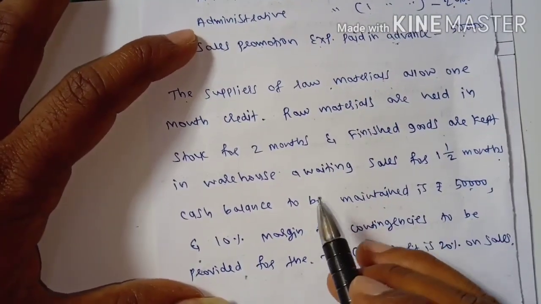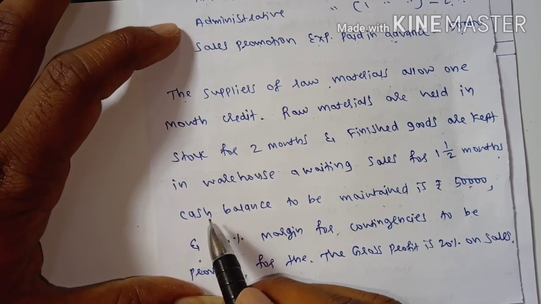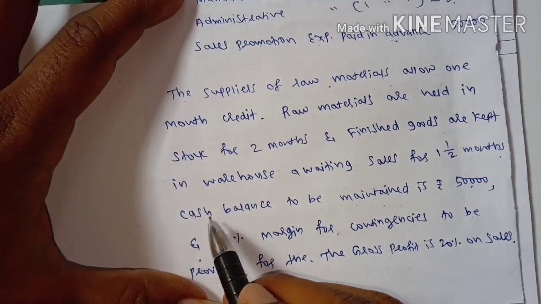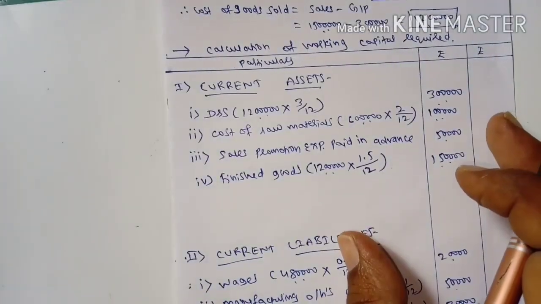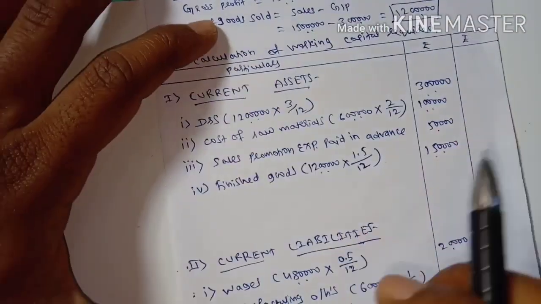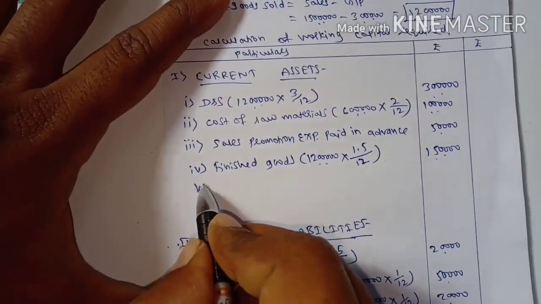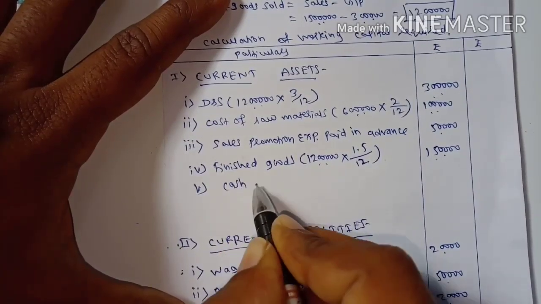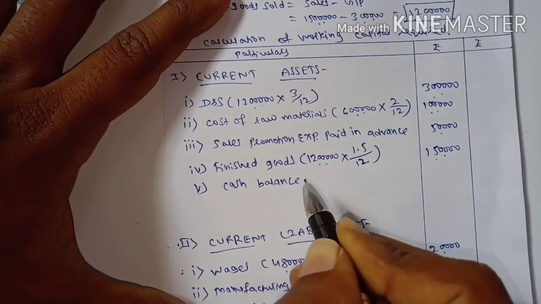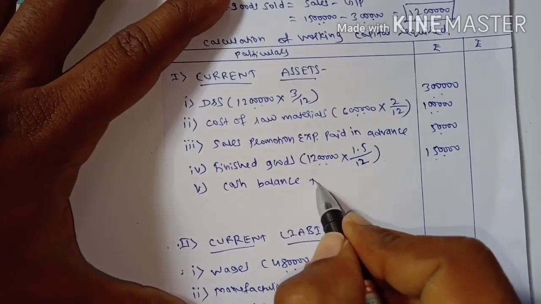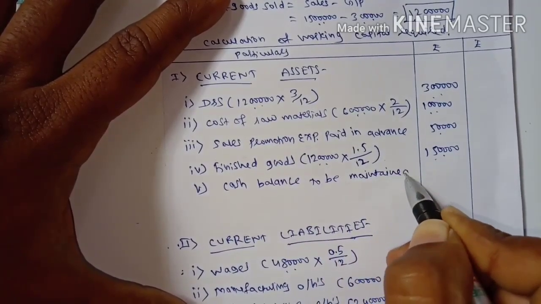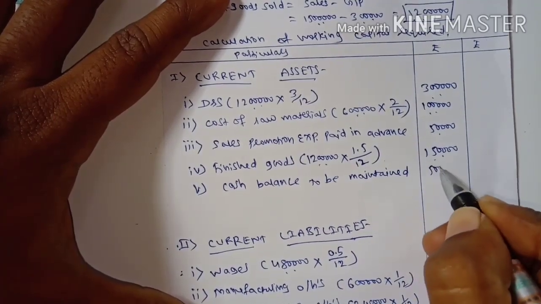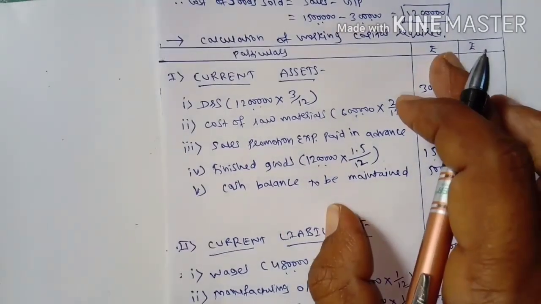Now Saurabh and Company Limited wants to maintain a cash balance of rupees 50,000. So this cash balance is nothing but our current asset. Cash balance to be maintained. So I will take the amount directly over here.